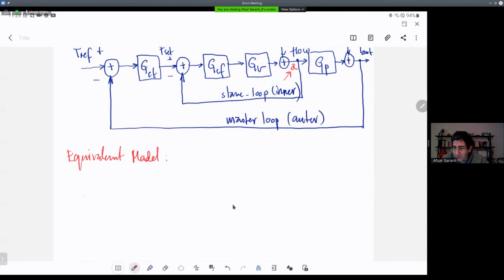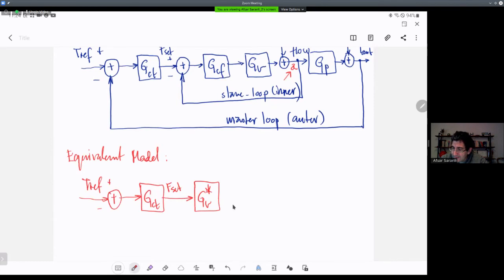Okay, so we have the Tref at the output, plus minus. We have the temperature controller, GCT. Now eliminating the loop obviously results in some equivalent blocks. So here is my F set. In the absence of the inner loop, we need to have a GV star, an equivalent valve model.